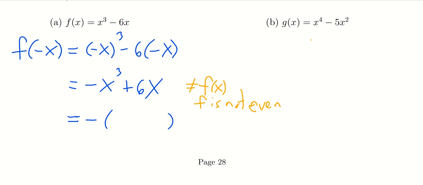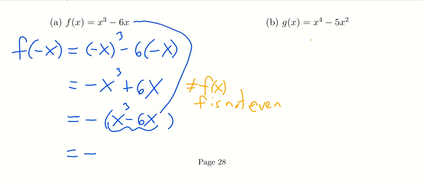If I factor a negative out of what we have, this would give us x cubed minus 6x. Factoring out a negative changes the signs. And now let's look at what we have. This piece here, x cubed minus 6x, is the same thing as our original function.